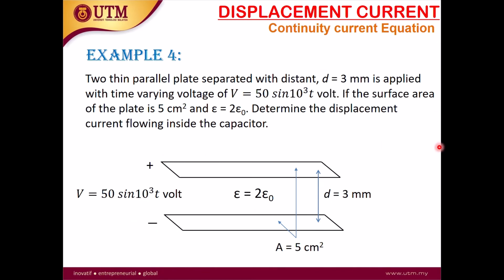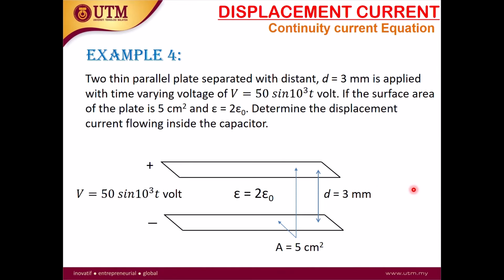Let's see example 4. Two thin parallel plates separated by a distance d equal to 3 mm are applied with a time varying voltage V equal to 50 sin 10 to the power of 3 t volt. If the surface area of the plate is 5 cm squared and epsilon equals 2 epsilon naught inside the capacitor, find the displacement current flowing inside the capacitor.